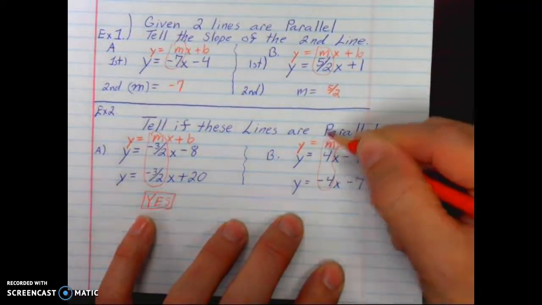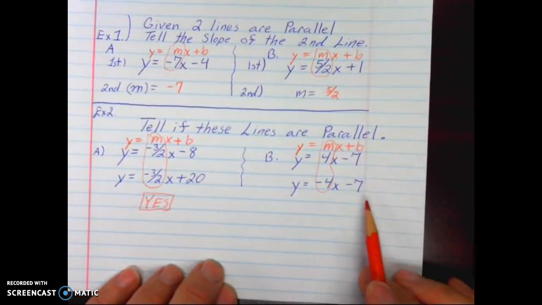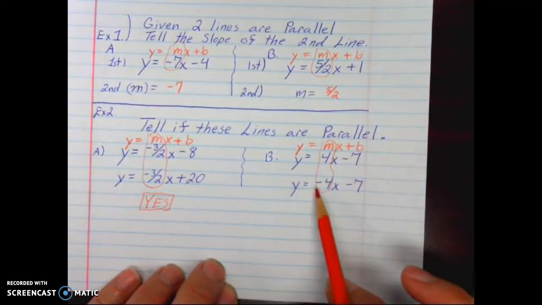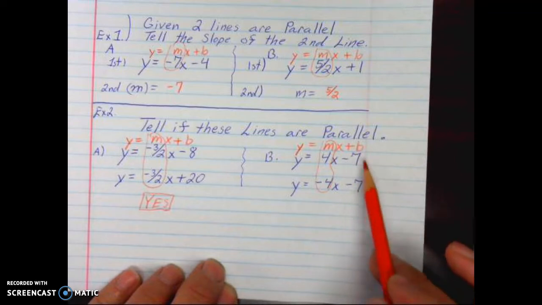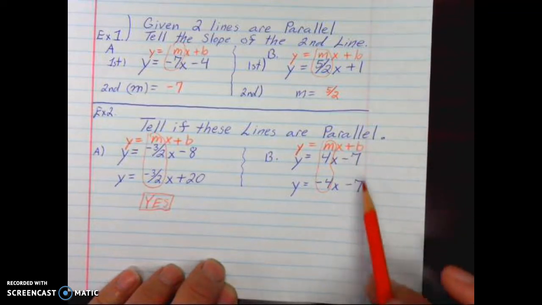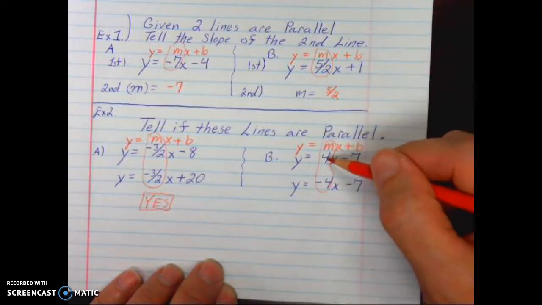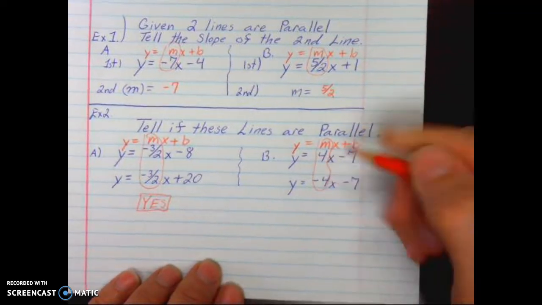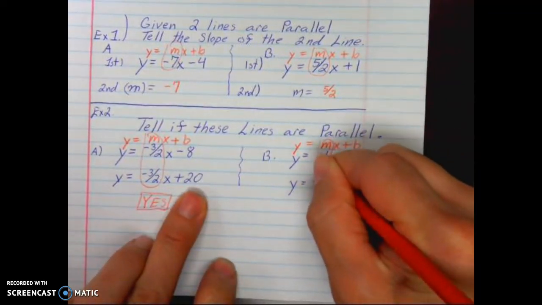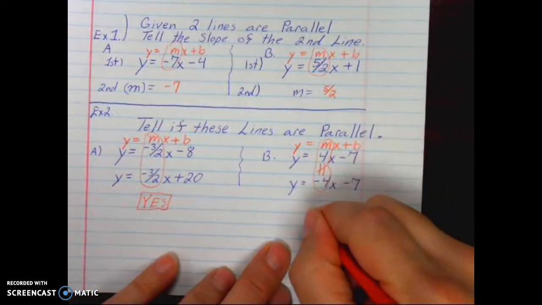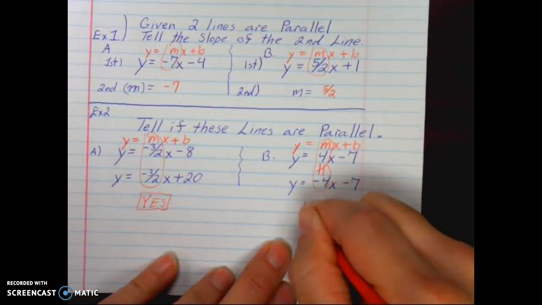Because let's be honest, these two equations look almost identical. It says y equals 4x minus 7, y equals -4x minus 7. So even the rear ends are the same, but are the slopes? This is a +4, this is a -4. No, they are not the same. That's not a yes, that's a no. They're not the same.